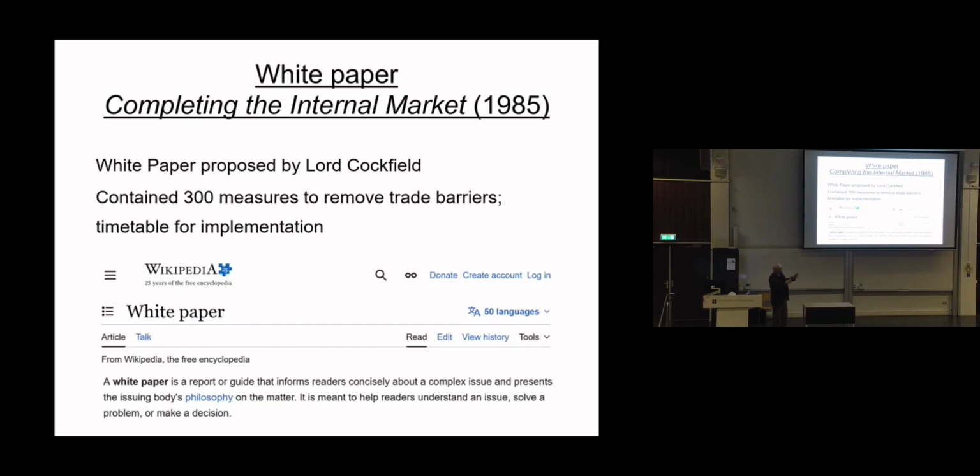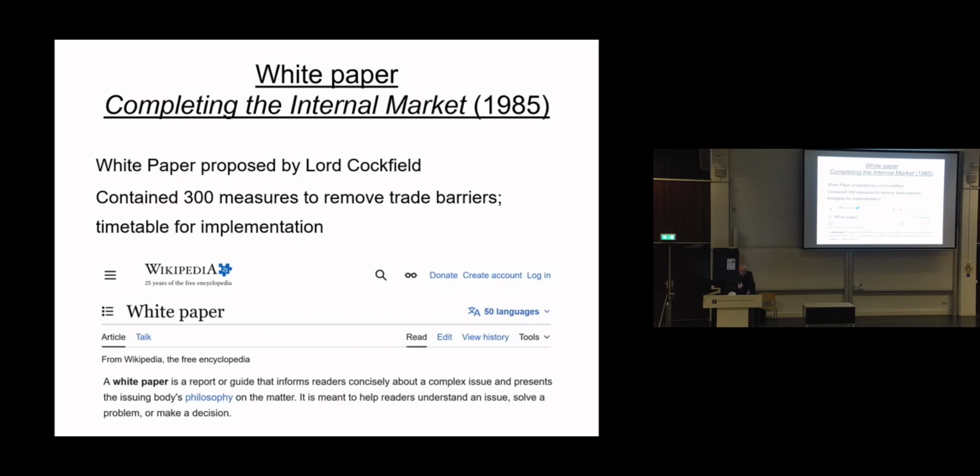The idea is that it informs readers and proposes solutions to help deciders make a decision. And the proposal, the completing the internal market white paper, contained 300 measures to remove trade barriers as a response to the economic stagnation that we had in the 1980s.